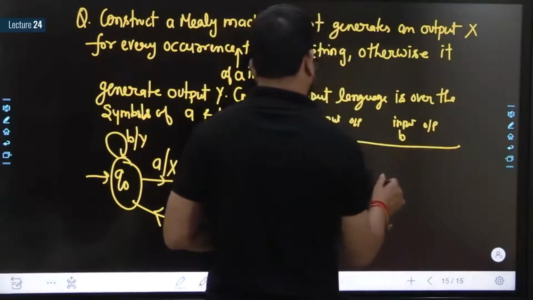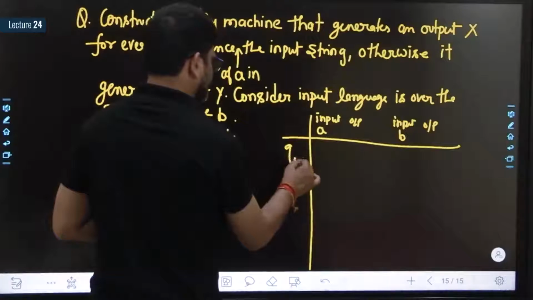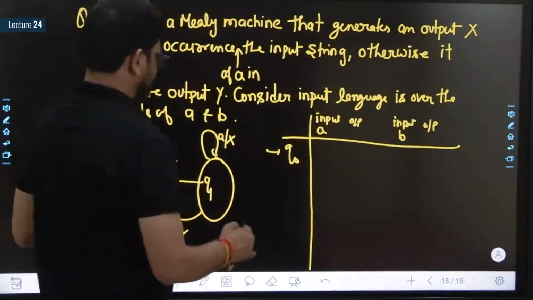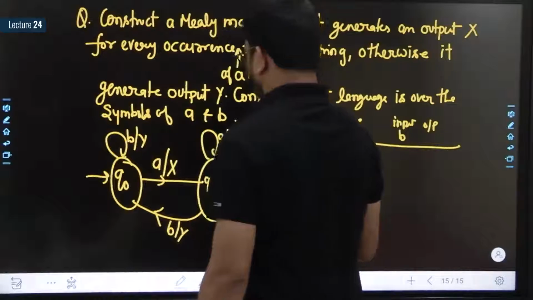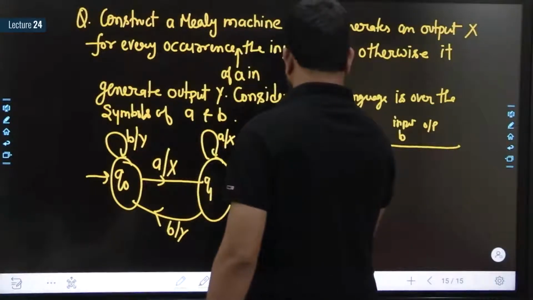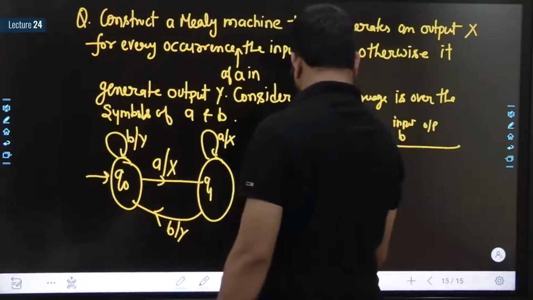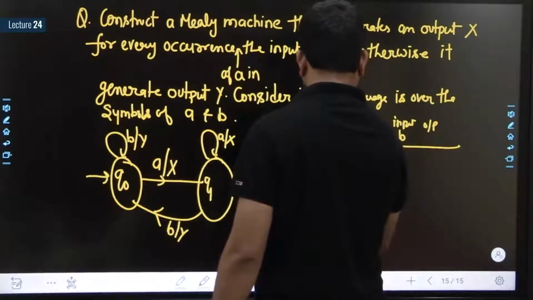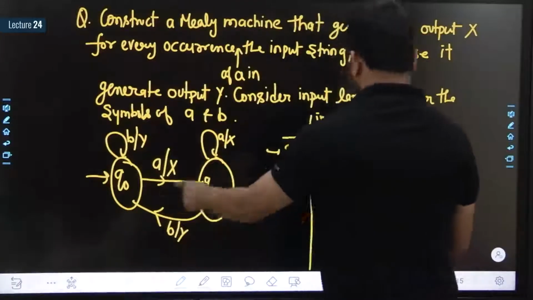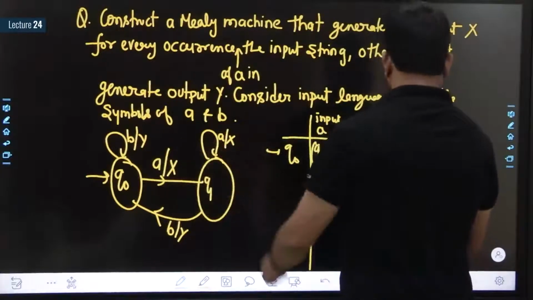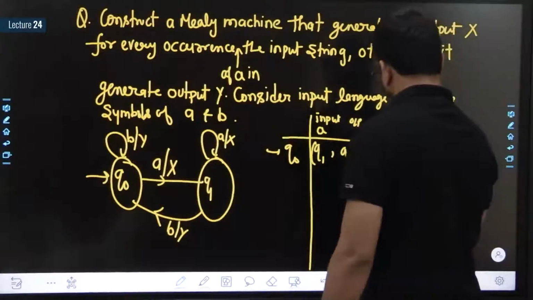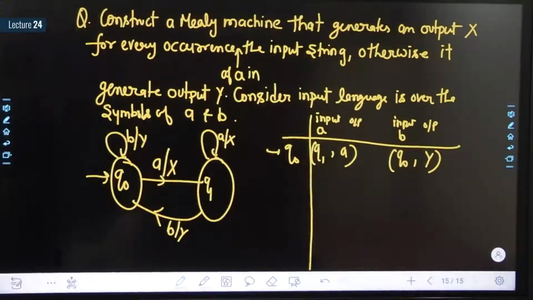See, Q naught on A goes to Q1, output is X. Q naught on B, Q naught, output is Y. Clear?